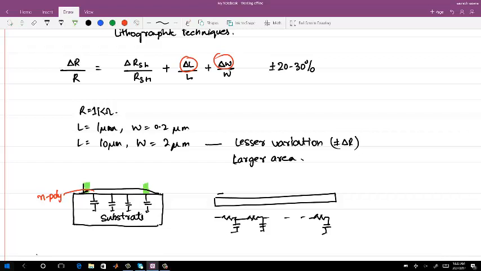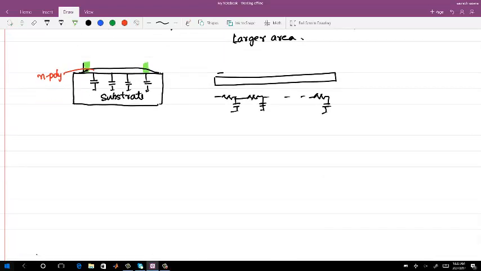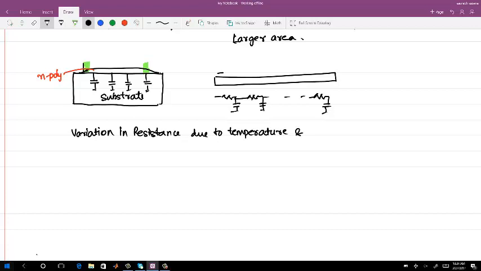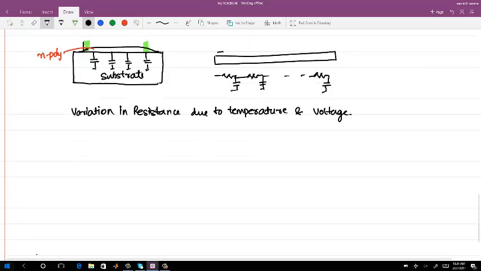delta W changes. The other things which cause the variation in resistance value are temperature and voltage. So they are mostly in any of the design documents.